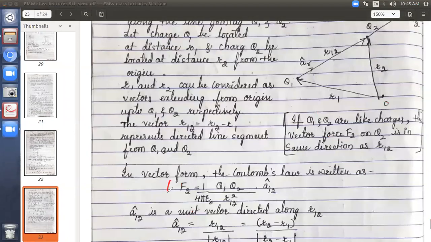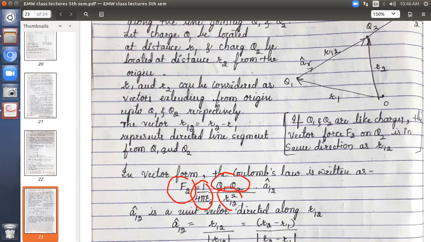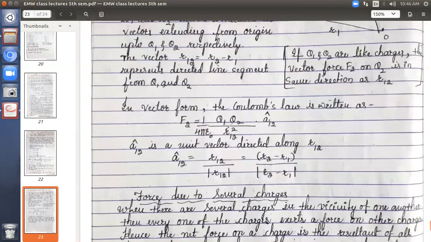Now coming to this force, F2 is equal to 1 by 4 pi epsilon naught, Q1 into Q2 divided by the distance between the two charges. Here I have considered R12 square, and A12 is the unit vector considered. Now what changes can we do here? We know this already, the position vector R12 is R2 minus R1.